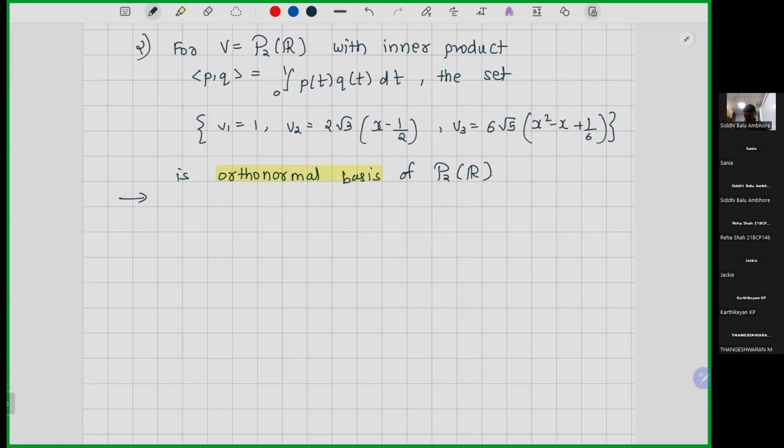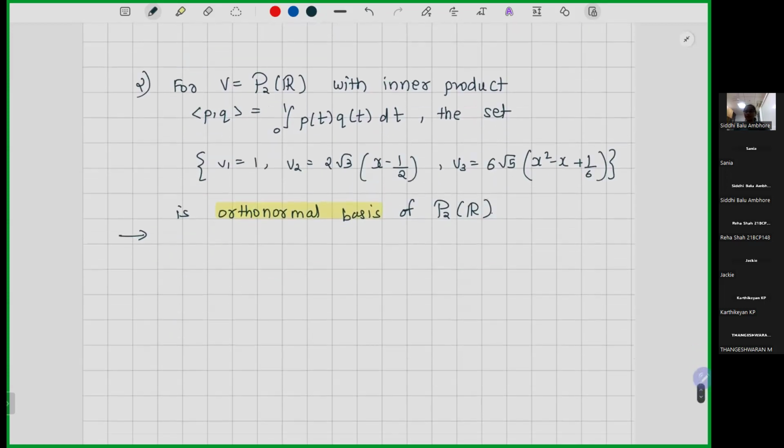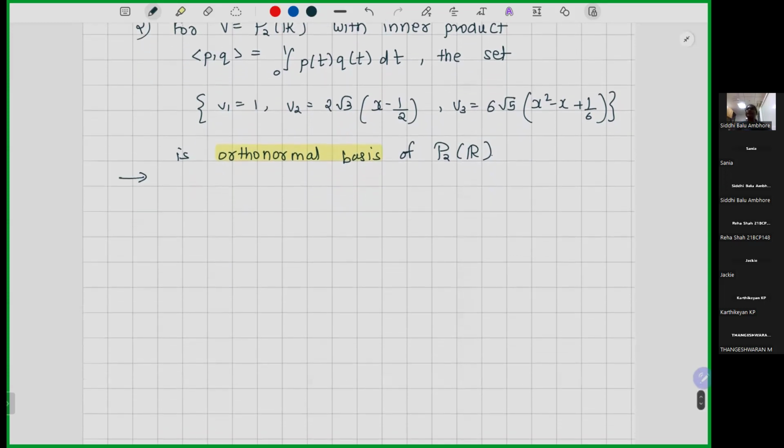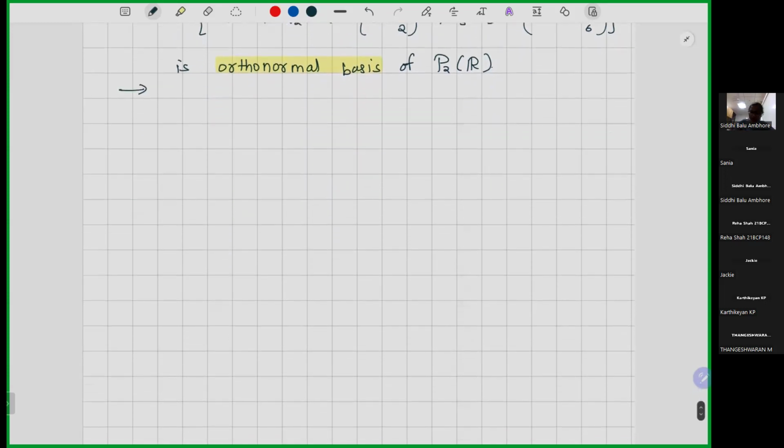So to begin with, this is a basis. We first check that this is a linearly independent set with 3 elements, equal to the dimension of the given vector space. Now we'll check the norms of these Vi's. To find the norms, we first have to find the inner product.